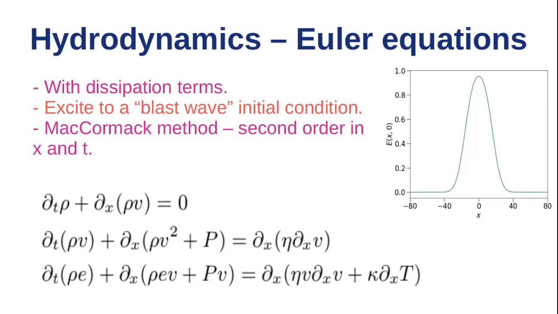Kappa and eta are not themselves constants. We have taken it for a one-dimensional system. We have used some Green-Kubo formalism, and one can show that kappa is a function of temperature. Kappa depends on temperature as T power half. Similarly, eta depends on temperature as T power half, and kappa also depends on rho.